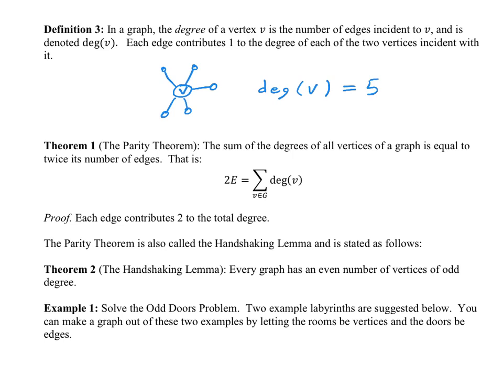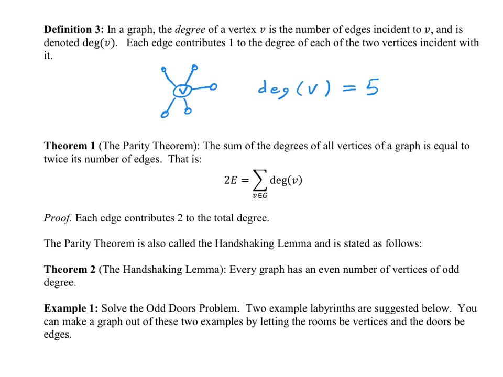This makes sense because each edge, when you add it into the graph, contributes 2 to this amount because it has 2 endpoints. Thus you get this equation that gives you the total degree in terms of the number of edges.